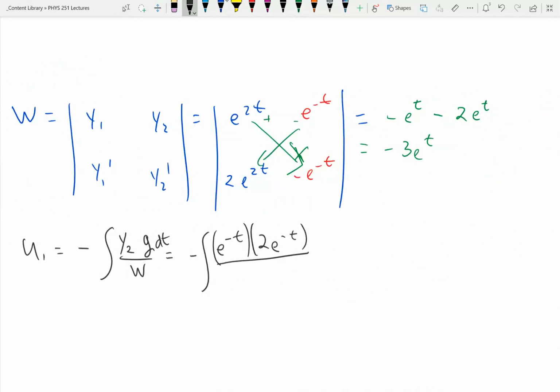The Wronskian was minus 3e to the t. Multiplying everything through to get the simplest looking form I can, that's going to be equal to 2/3 integral of e to the minus 3t dt.